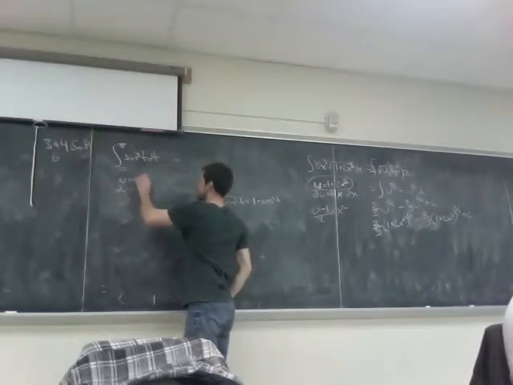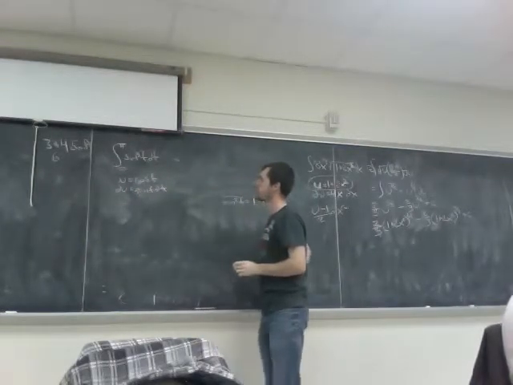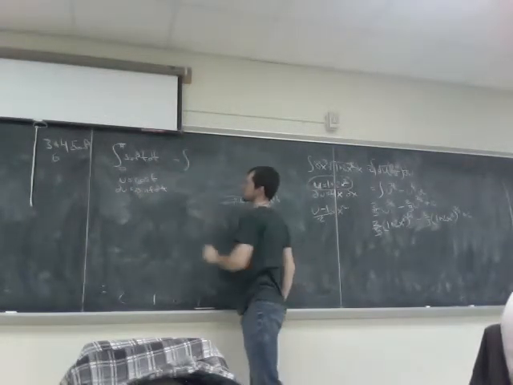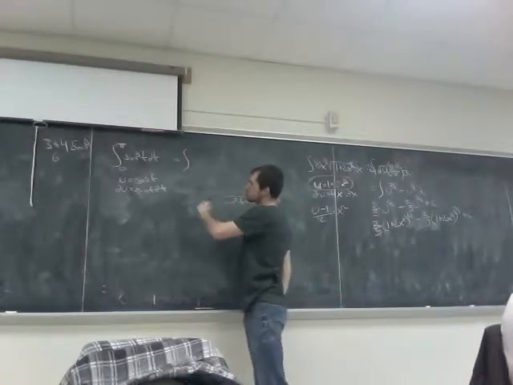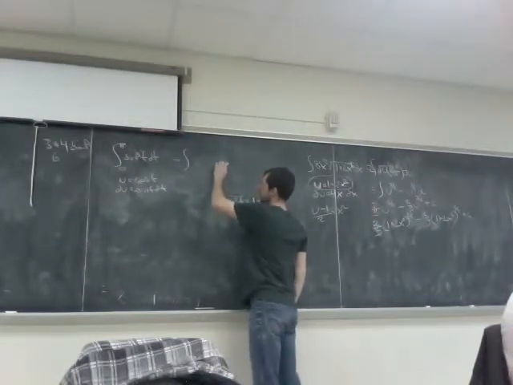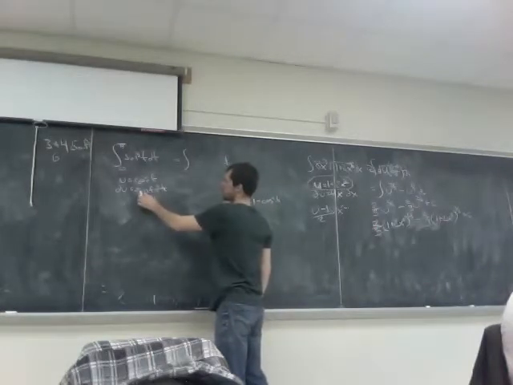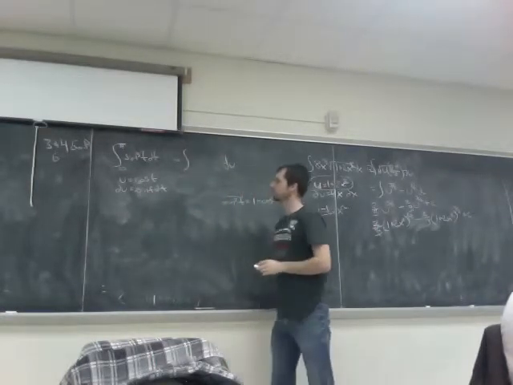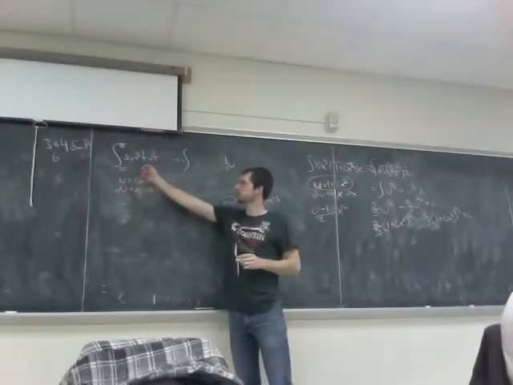So let's try cosine t negative sine t dt. So if I put in this now, if I put in du, I'm replacing a negative and replacing one of these sines, right?